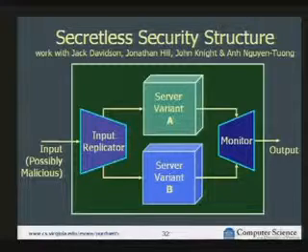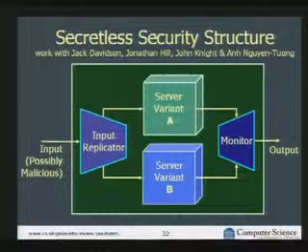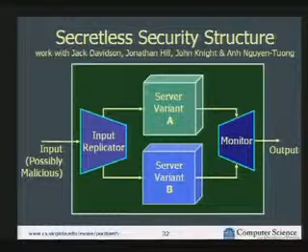So here's an idea for how to do that. We want a secretless structure that provides security using diversity techniques. And the idea is that if we have some way of sending the same input to two variants, so we have an input replicator that takes input, sends that same exact input to two variants on our server, and then we have a monitor that looks at what the variants do, and if they do the same thing, sends the output back to the client.